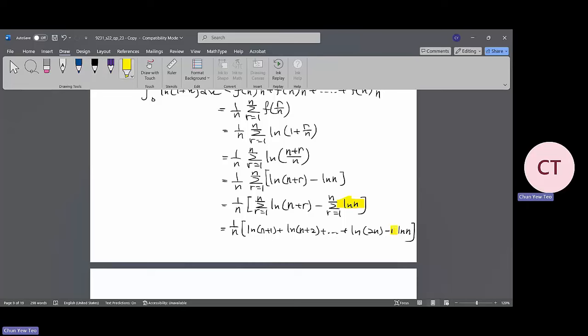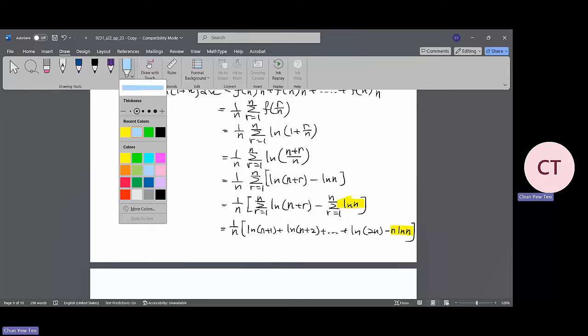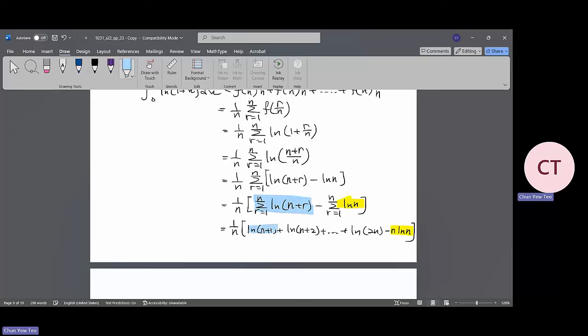Take note that ln x plus ln y is ln of x times y. So when you have the ln's added together, we can write them as ln of (n + 1)(n + 2) until 2n, minus the n ln n.